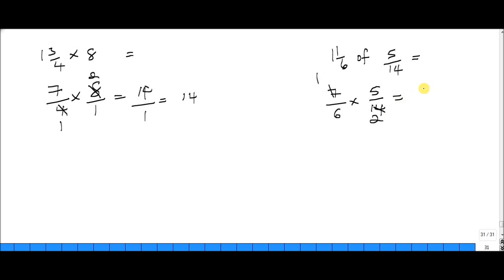Multiplying across, we have 5 1s 5, and 6 2s being 12. Answer being 5/12.